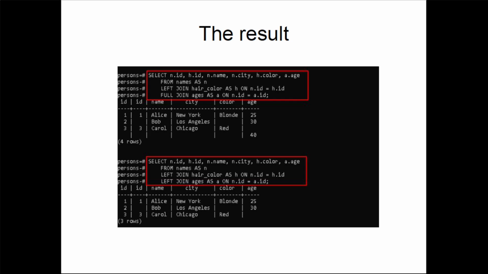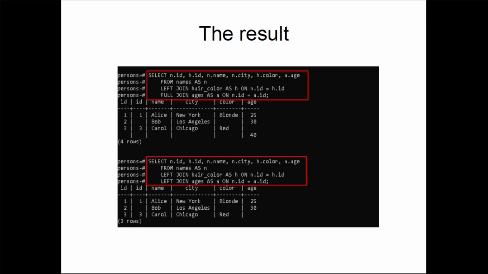The main difference between full join and left, or right, join lies in how they handle unmatched rows from the join tables. Left join keeps all rows from the left table, names and its hair_color result, with null for non-matching ages rows. Unmatched ages rows, like ID equals 4, age equals 40, are omitted.